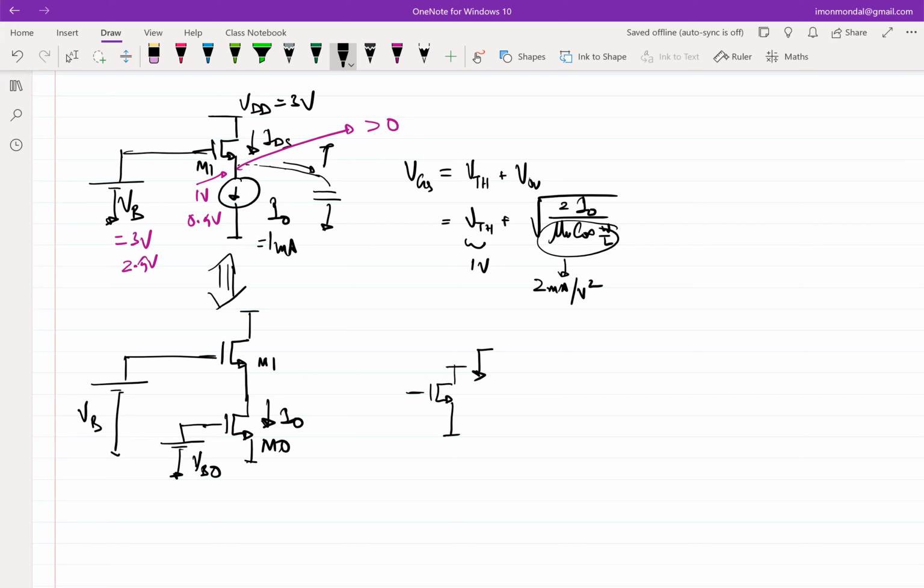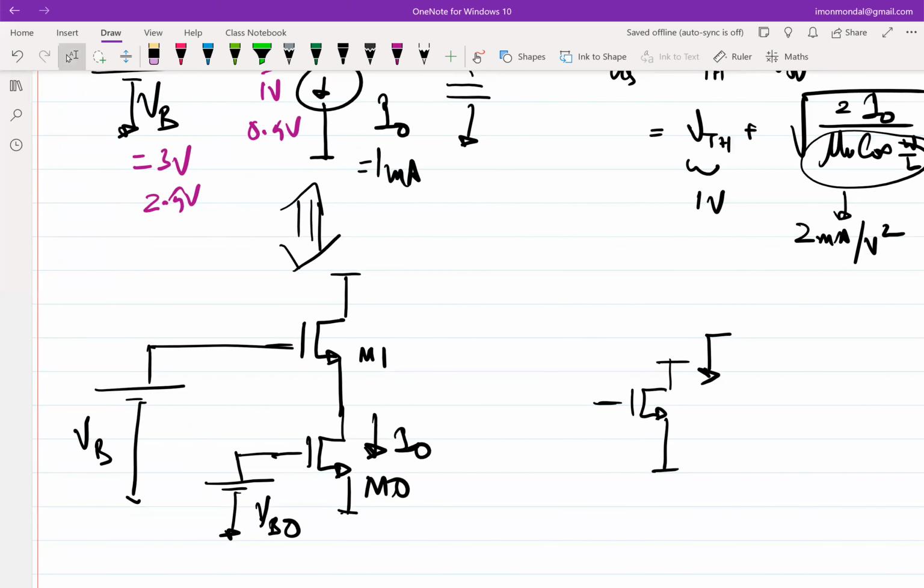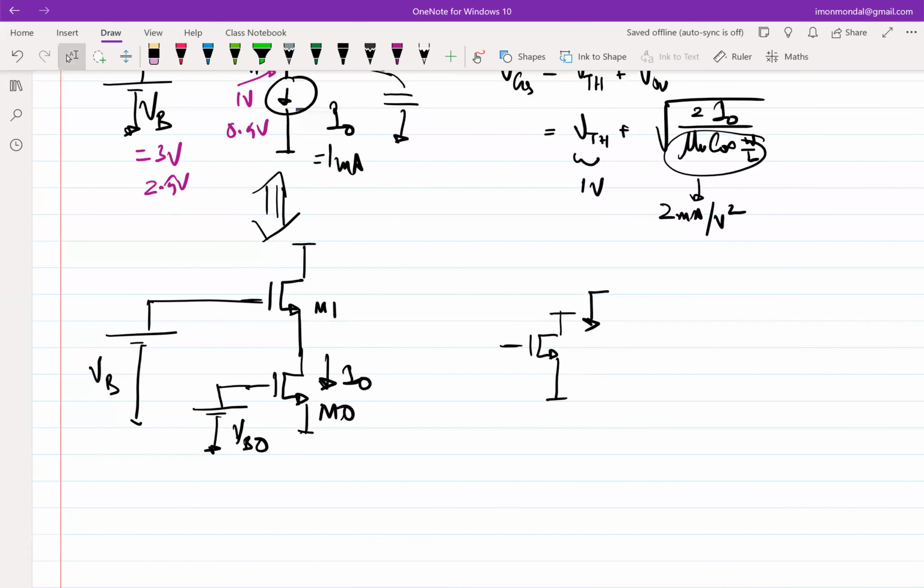Right. So we have seen multiple ways of biasing, right? One option, I'll come back to what you said, diode connected. We'll see what happens if we diode connect this. But let's assume we have a battery, even though having this VB naught like this is not particularly a good thing.